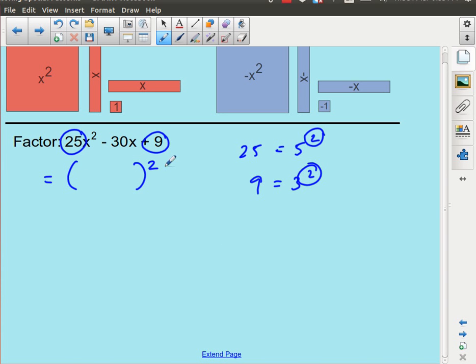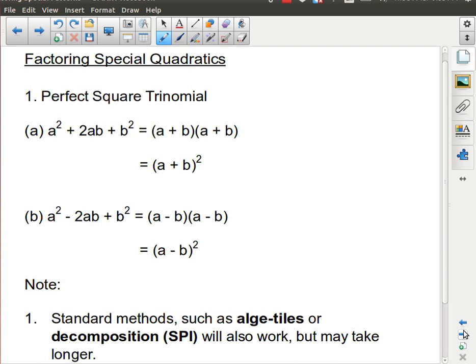Some binomial all squared. So when we factor these special quadratics, that means they have a special pattern that goes along with them. The one we've been looking at so far is called a perfect square trinomial, and it can have one of two patterns. Basically, it has a positive pattern and a negative pattern. And we looked at one example of each.